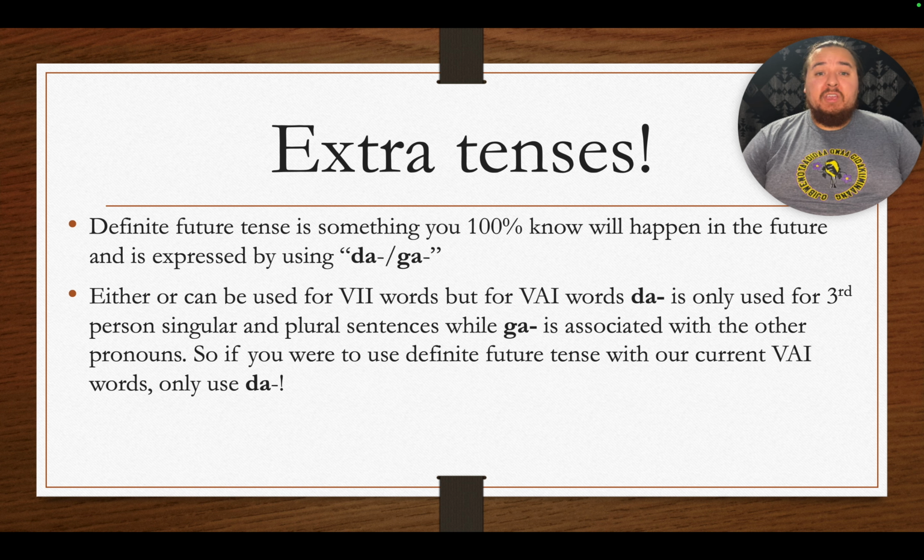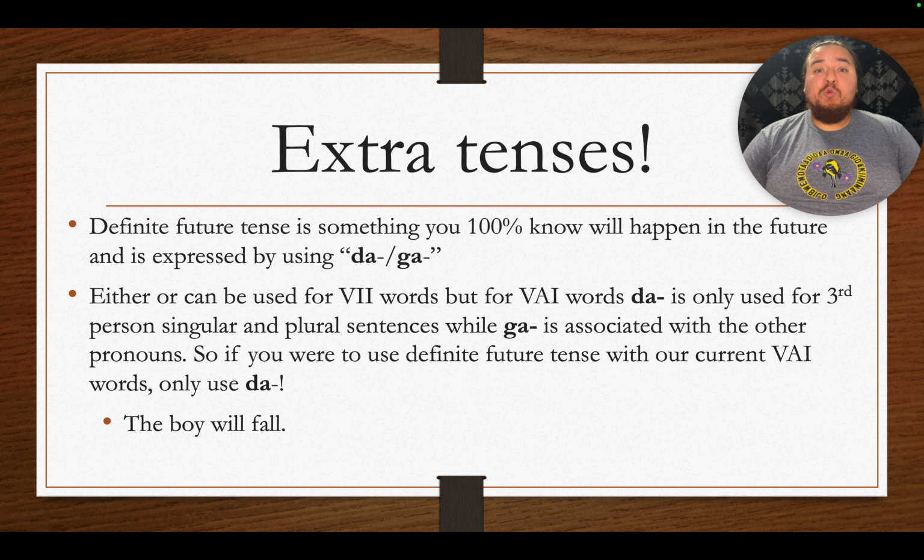Either can be used for VII words, but for VAI words, da dash is only used for third person phrases, whether they're singular or plural. Ga dash is associated with other pronouns. So if you are using definite future tense for the worksheet for this week, restrict it to only using da dash, da.